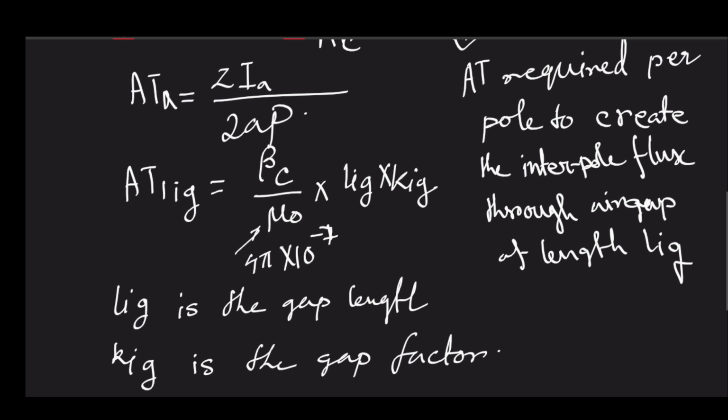Now, this is for the interpole. When we do some numerical problems, you will be able to understand it more clearly. However, do understand one thing: the interpole MMF is effective only in the commutating zone, right? Interpoles are present in the interpolar region, and they can only ensure a smooth commutation.